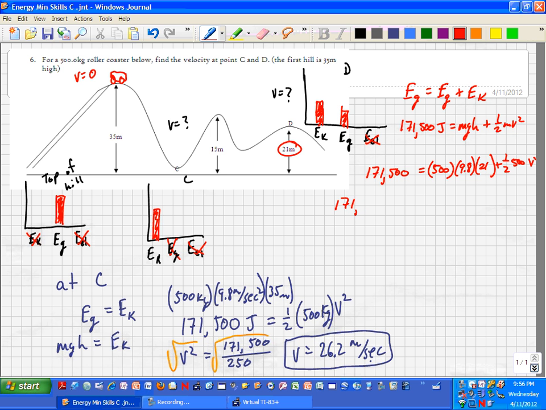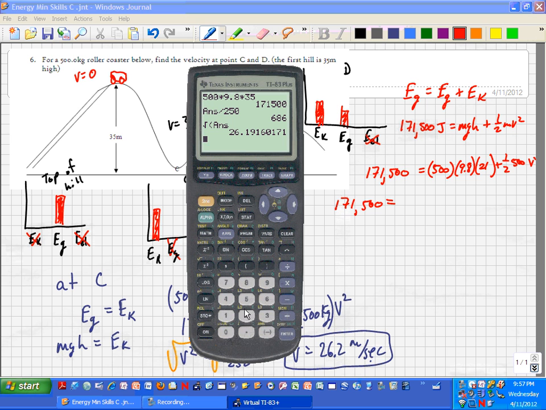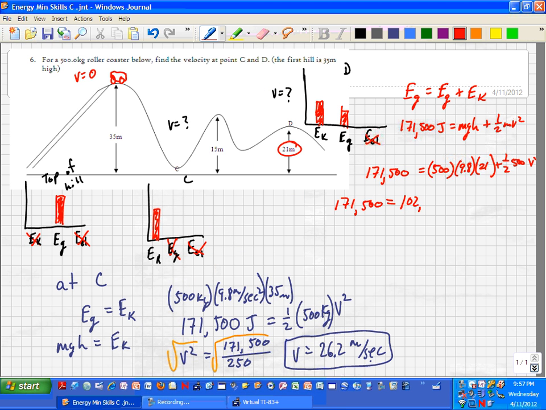So let's go ahead and figure that out. 500 times 9.8 times 21. We get 102,900. So it's 102,900 plus 1/2 times 500, which is 250 v squared. So now all I have to do is solve for v squared.